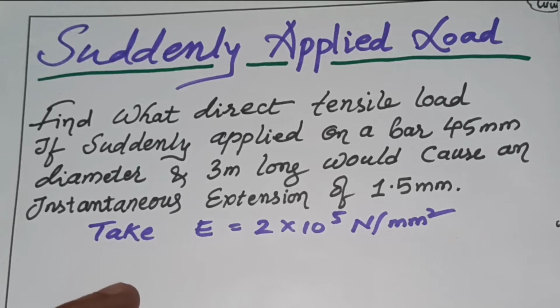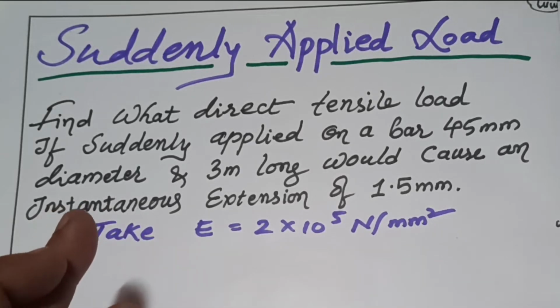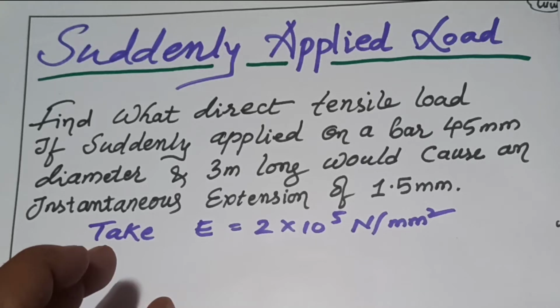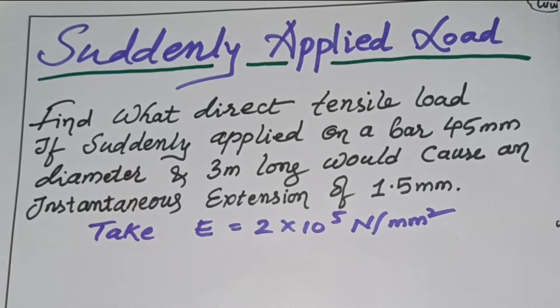It means sigma will be double here, 2 sigma. That is one of the important things you have to remember in case of suddenly applied load.